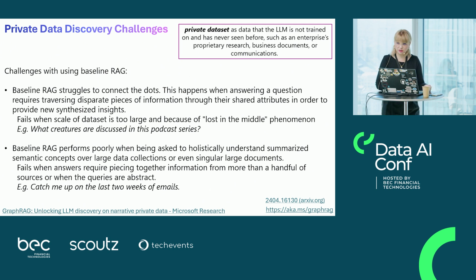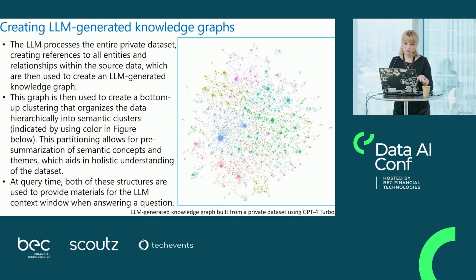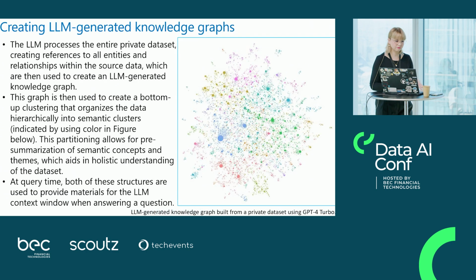So, of course, RAG has its limitations, but what this research group at Microsoft proposed is to use LLMs to build knowledge graphs. And this is what GraphRAG is about.